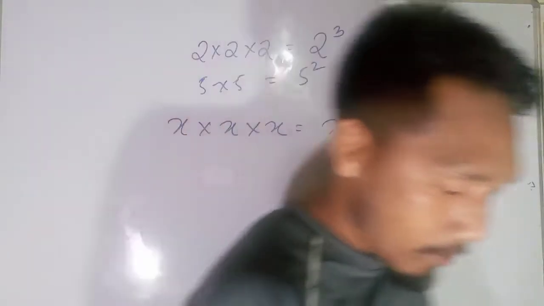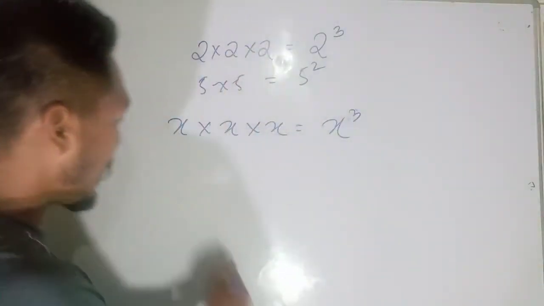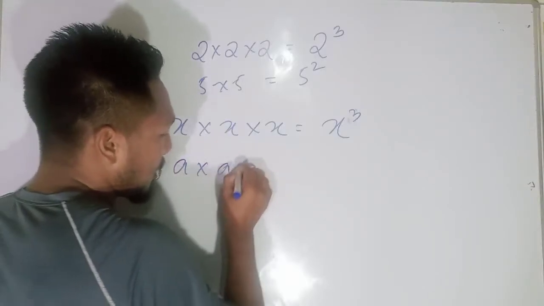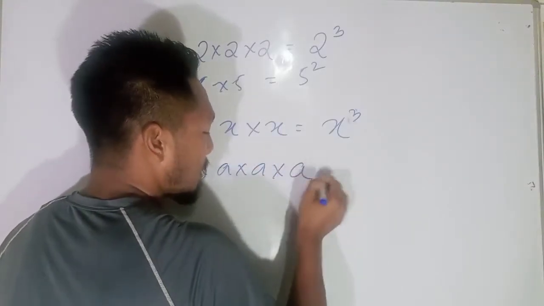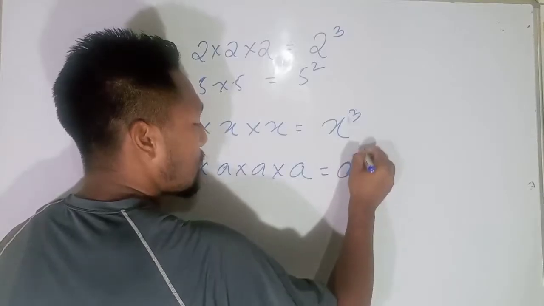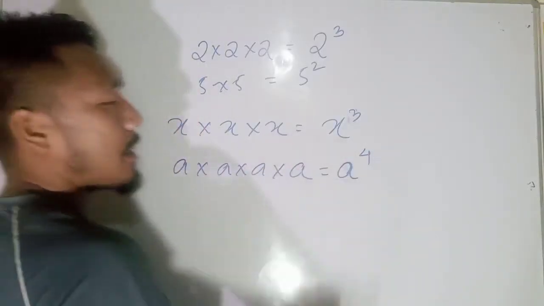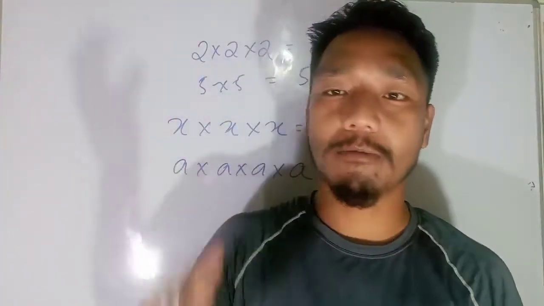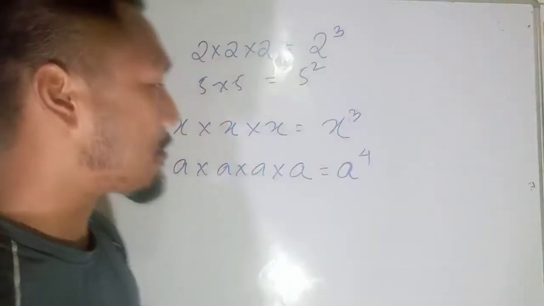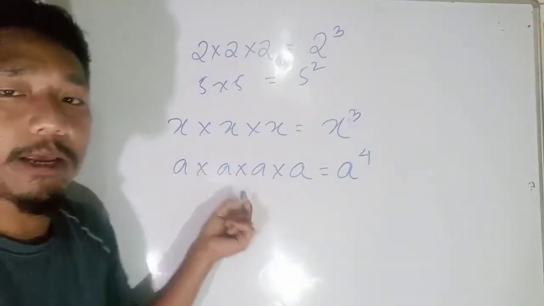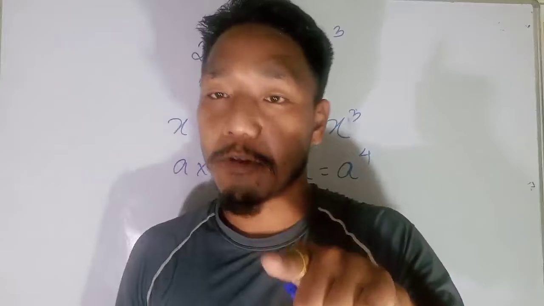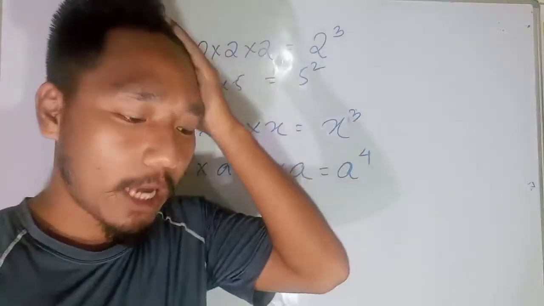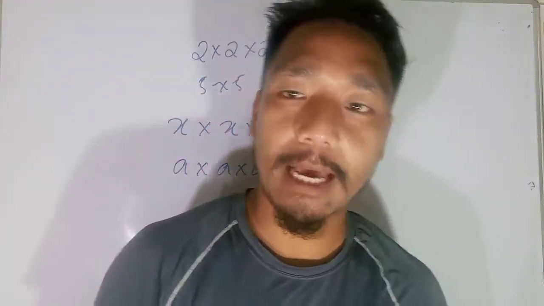Now, when you are multiplying a into a into a into a, that is a to the power 4, yes, because we are multiplying a 4 times. So we can also express algebraic expressions in exponential form if the variable is multiplied by itself. Clear about this one? This is what we call the exponential form of algebraic expressions.